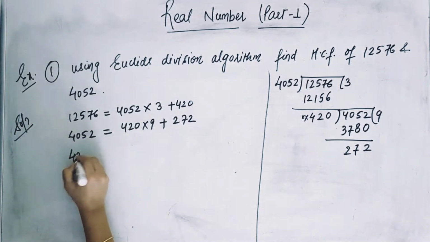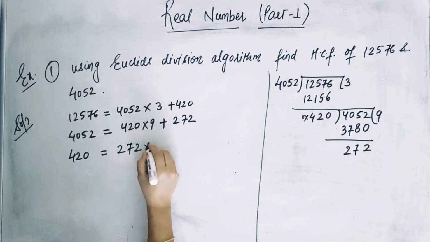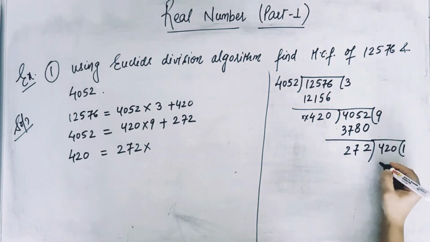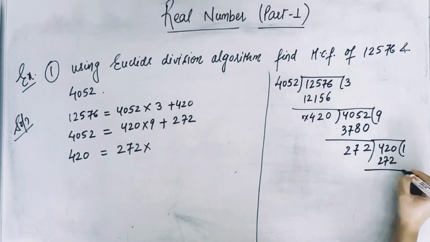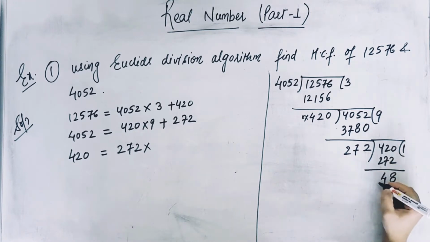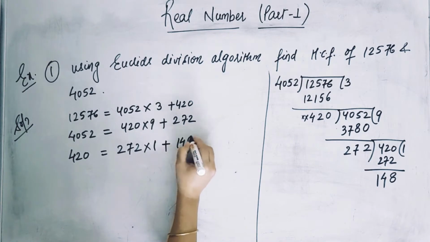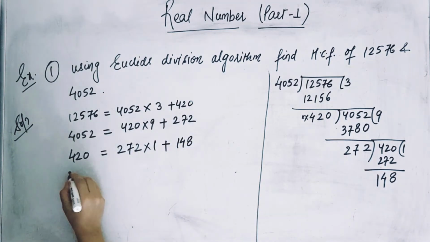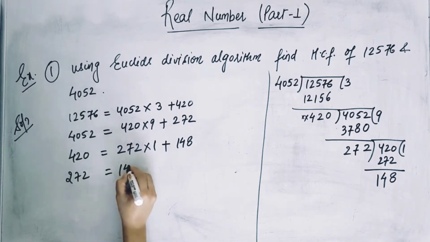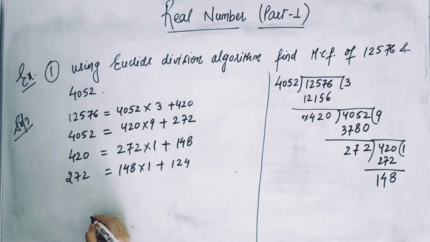Similarly, now 420 will come over here. So it will be 272 into 1 plus 148. Similarly, now 272 equals 148 into 1 plus 124.